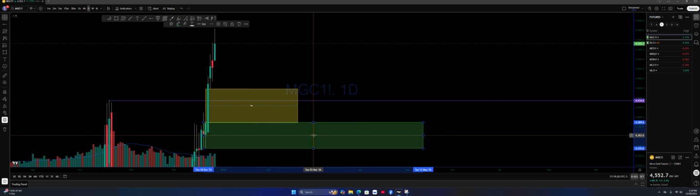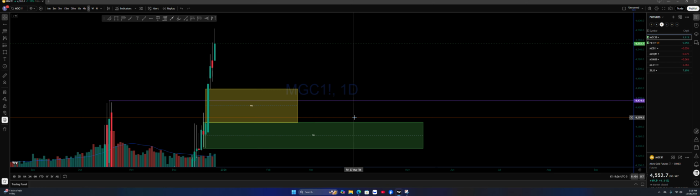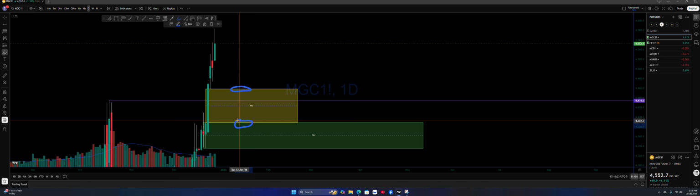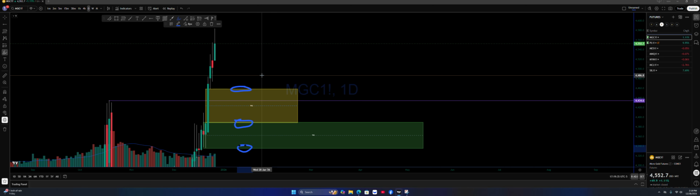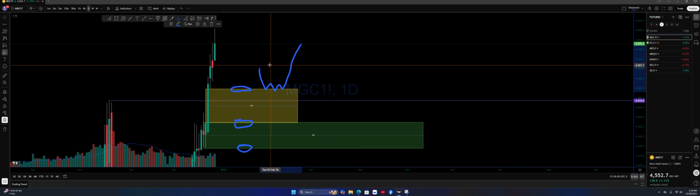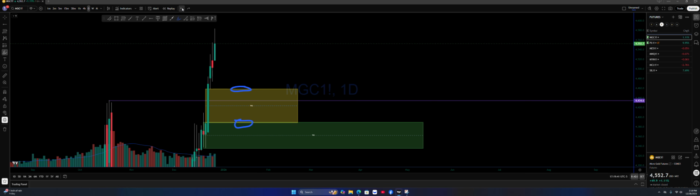And it's also important to pay attention to the top and bottom of the area of the fair value gap. Like this is the top and bottom. So these areas sometimes serve as resistance or support. So I will leave those up.